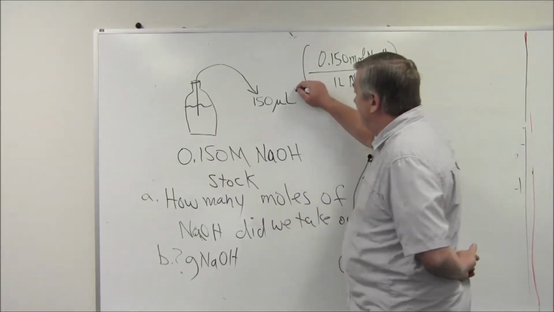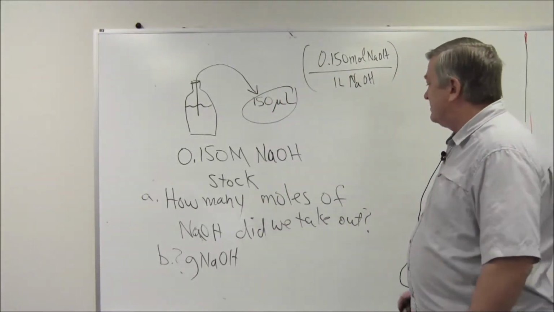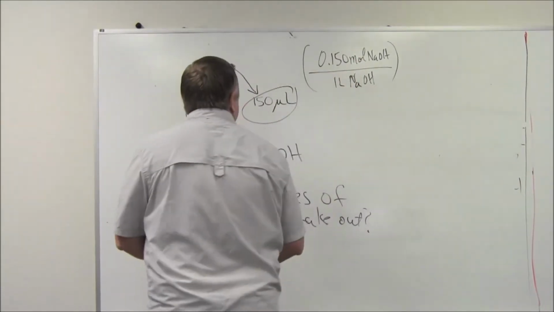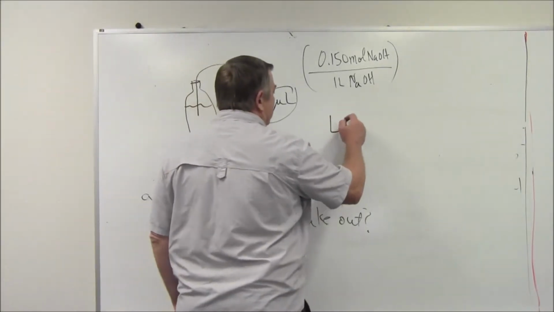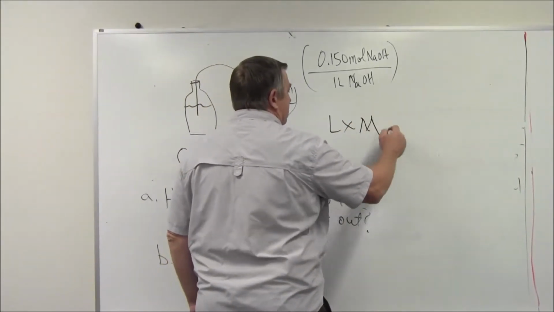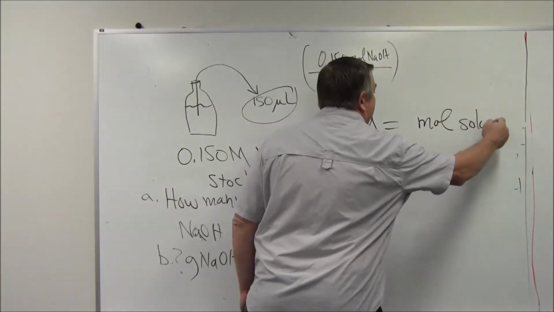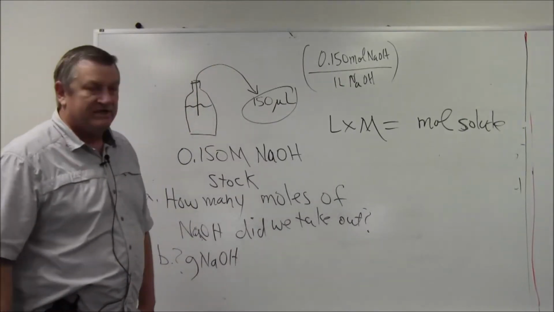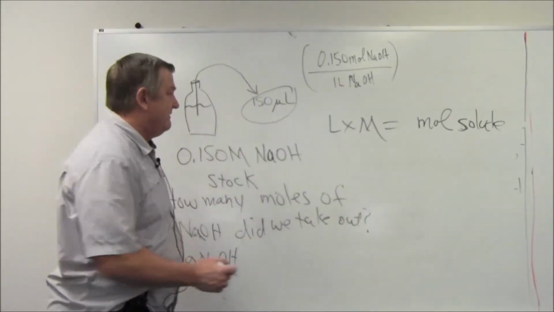Here's our given, the volume we took out. And here's what's important when you do solution dimensional analysis: liters times molarity equals moles of solute. If you multiply liters times the molarity, you'll always get moles of solute. Let's prove that.